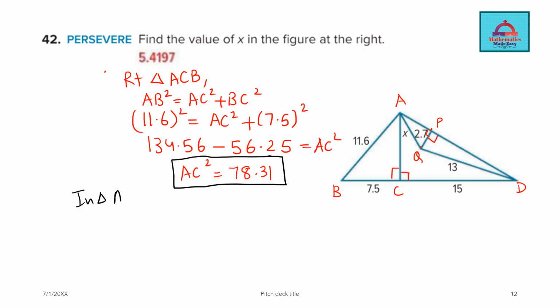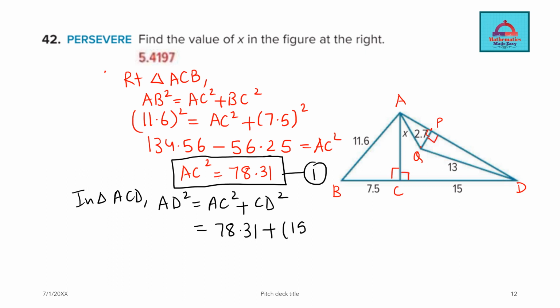So in triangle ACD, AD square is going to be AC square plus CD square. AC square we have already got, 78.31 from step 1. CD square is going to be 15 square, which is 225. Adding, this is going to give me 303.31.